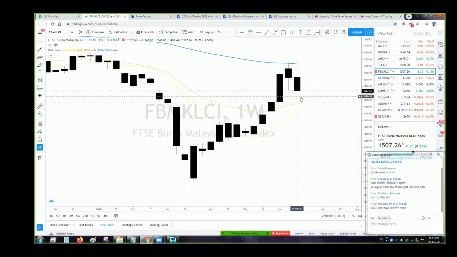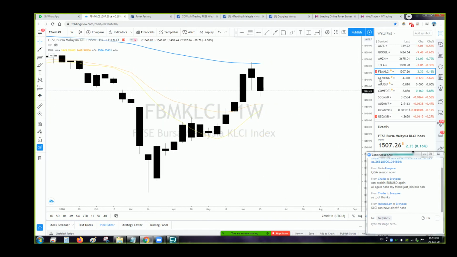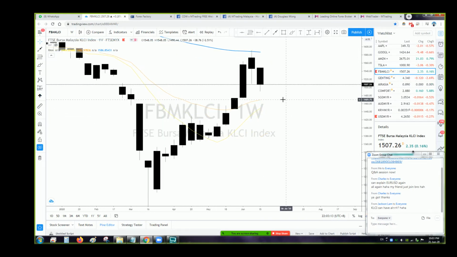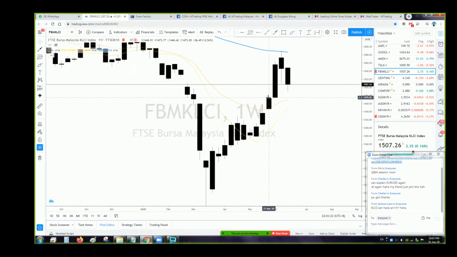High probability that we're going to retest 1470. I think 1470 will be the perfect retest zone, and then we look at what the reaction is over here. 1470 will be the crucial number.